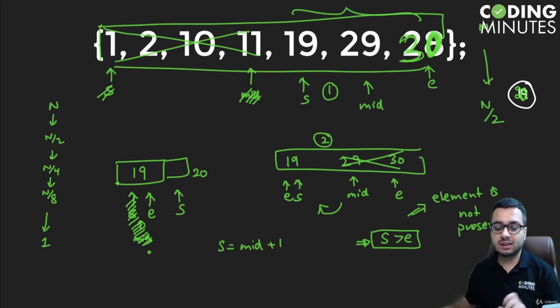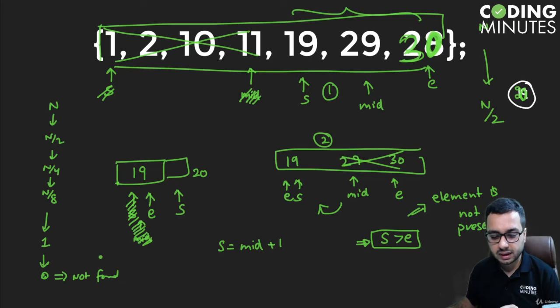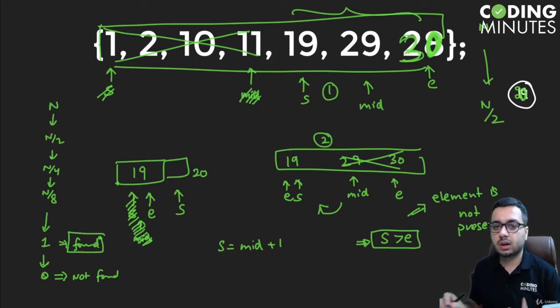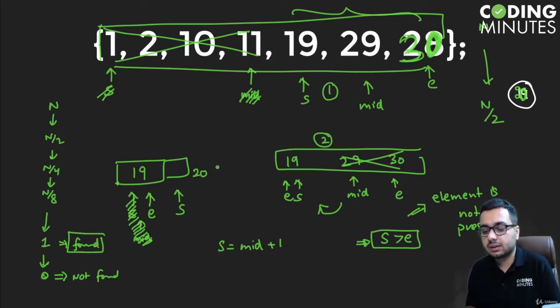In that case, we can say the element is not present. So we reduce it to size 0, that means not found, and otherwise the element is found and we return the index we have. Going from 1 to 0 may or may not happen. So this is what the binary search algorithm is all about.